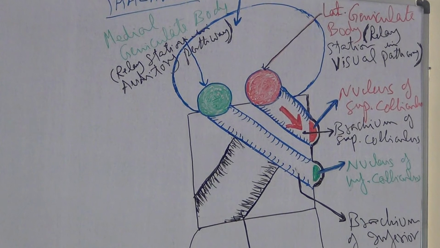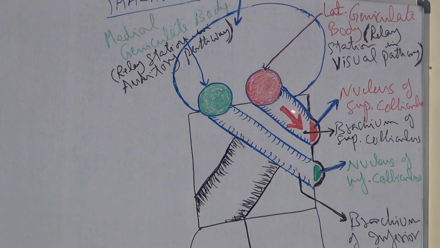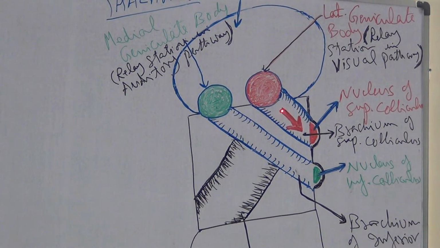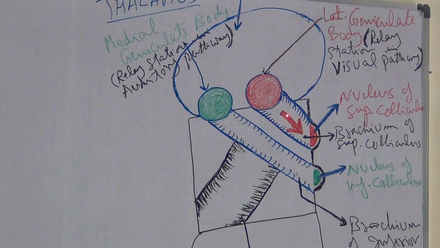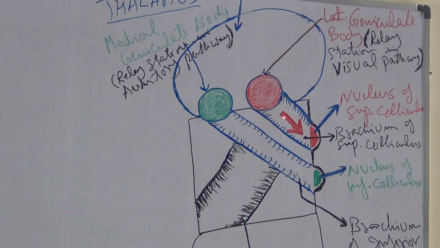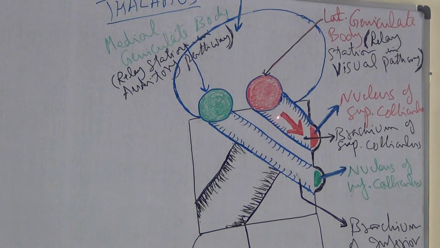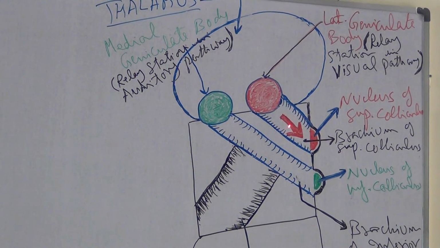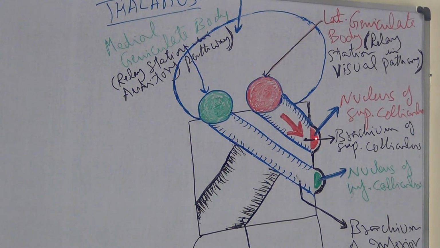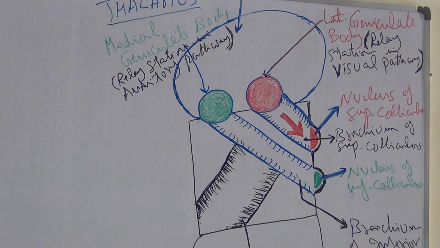So what is the internal structure of the brachium of superior colliculus? The brachium of superior colliculus comprises nerve fibers which belong to the visual reflex pathway, and these nerve fibers run downwards and backwards through the brachium of superior colliculus and relay in the nucleus of superior colliculus.